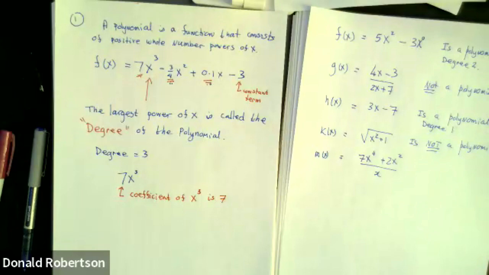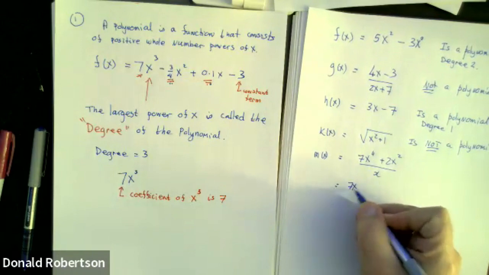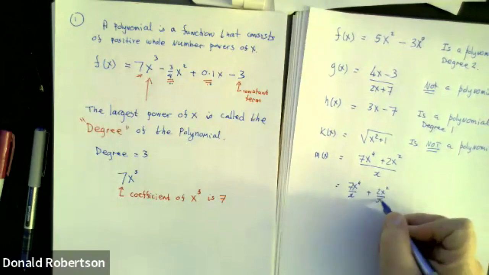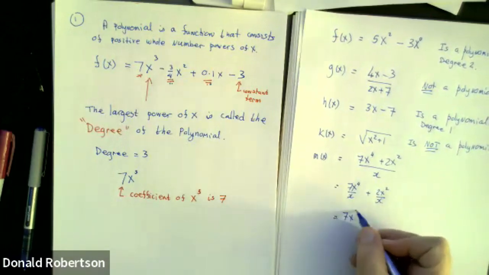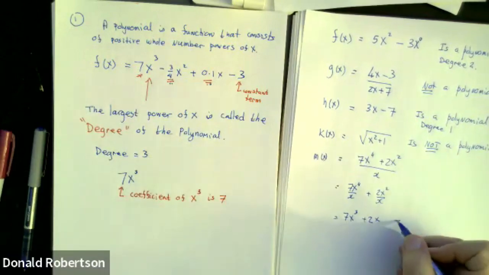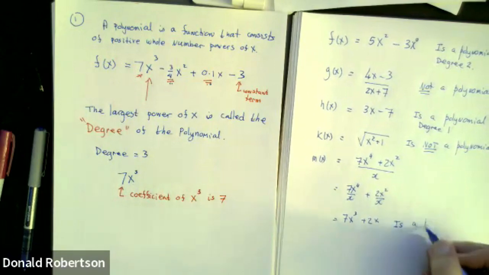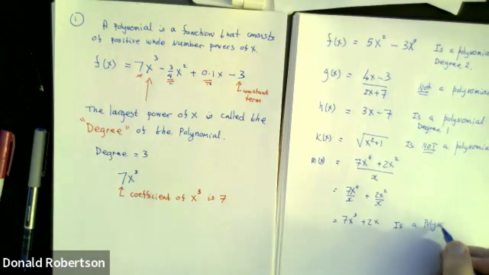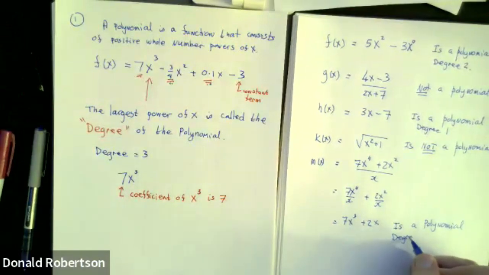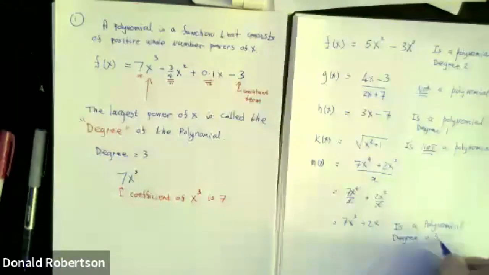Well, I guess the way it's written it is a rational function, but it's not necessarily the way it's originally written that decides if it's a polynomial, because you can rewrite this, which in turn becomes that. And now you can see clearly that it is a polynomial. And its degree is 3.